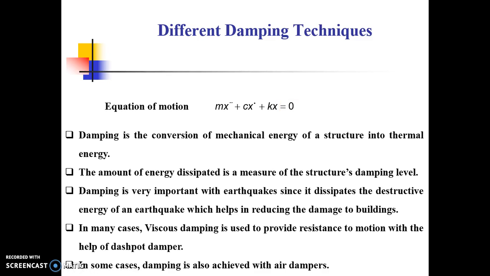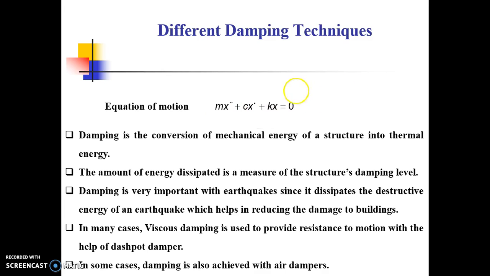Now whenever we consider damping, then one more parameter comes into picture, that is the damping force. So the equation of motion in that case becomes inertia force plus damping force plus spring force. The summation of all these becomes equal to 0. That means the system remains in equilibrium.